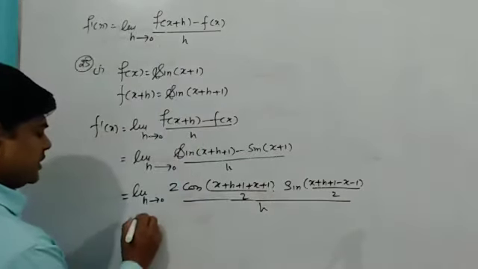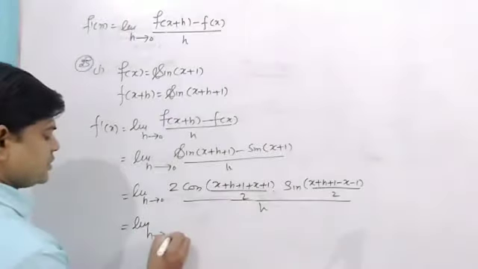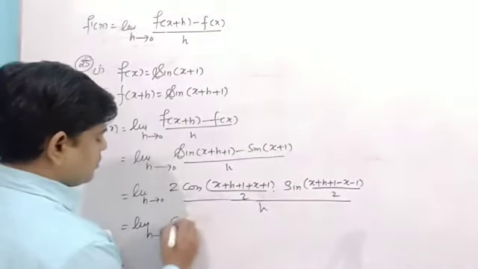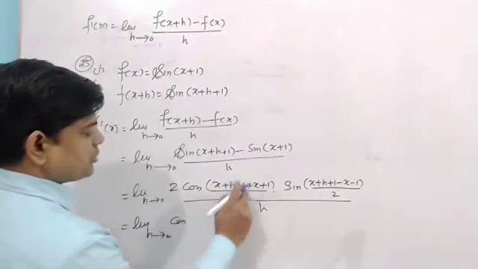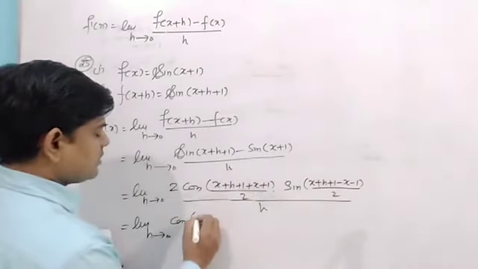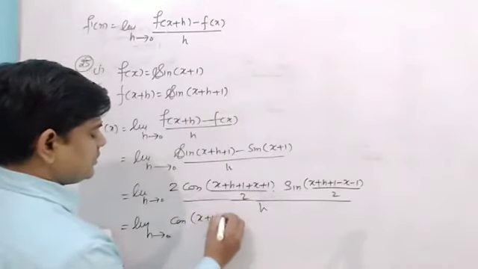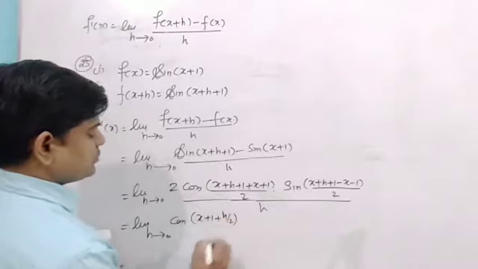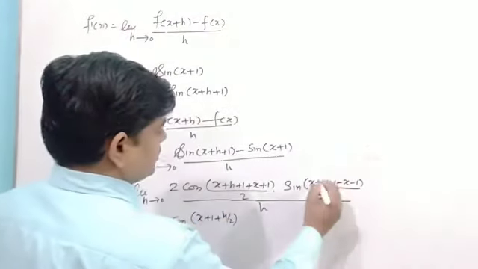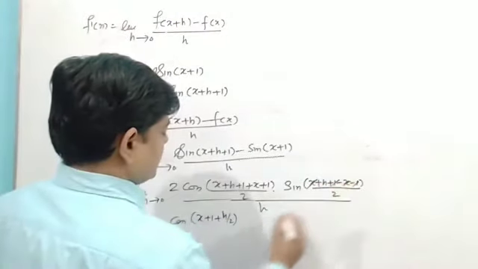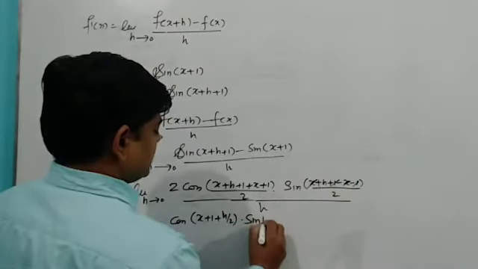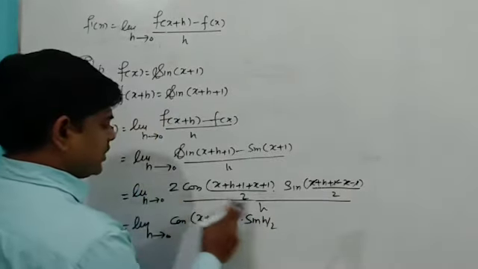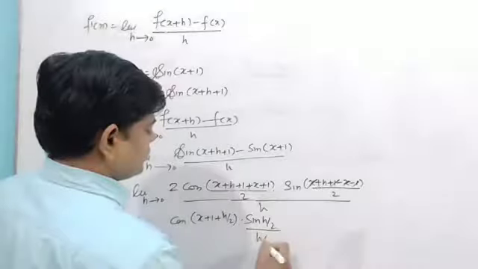It may be written as limit h tends to 0 cos of (2x plus 2 plus h) upon 2. It can be x plus 1 plus h by 2. And here you can see they can eliminate, and I am having now sine h upon 2, and if this 2 will come here, this is also h upon 2.